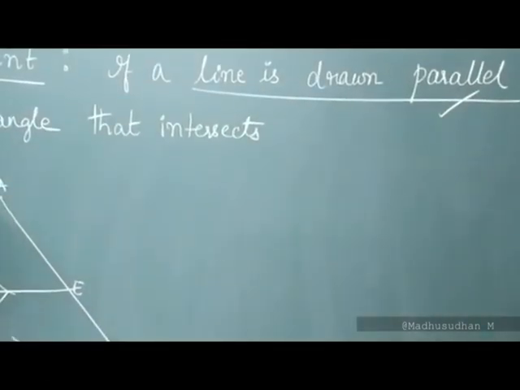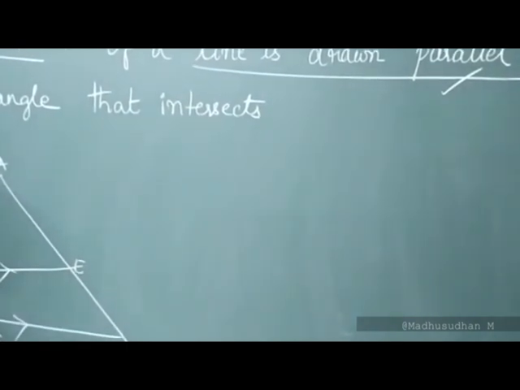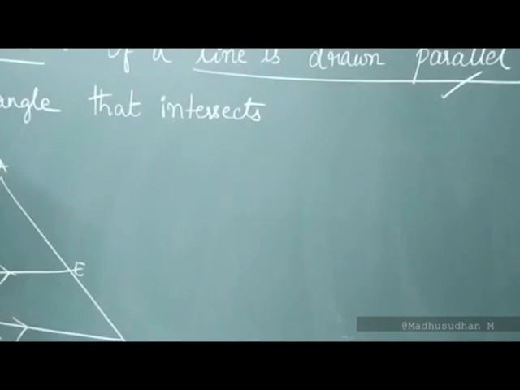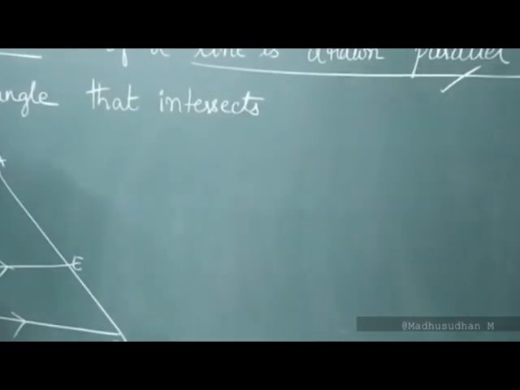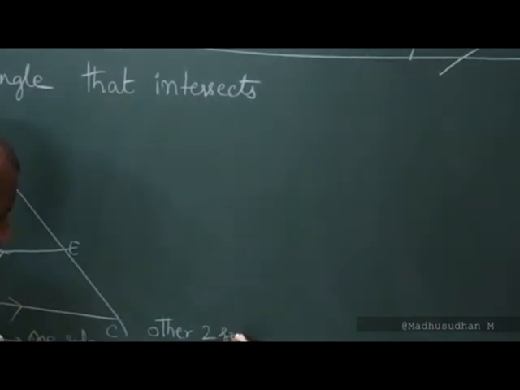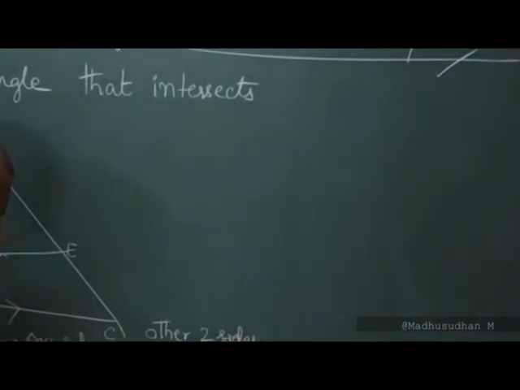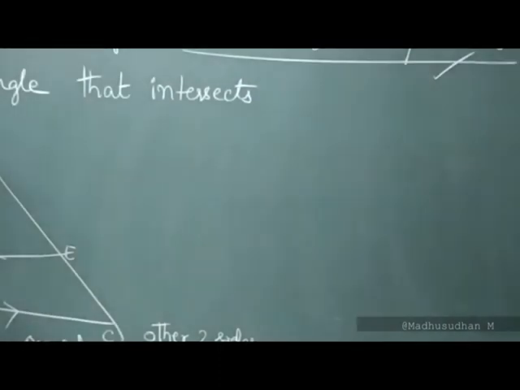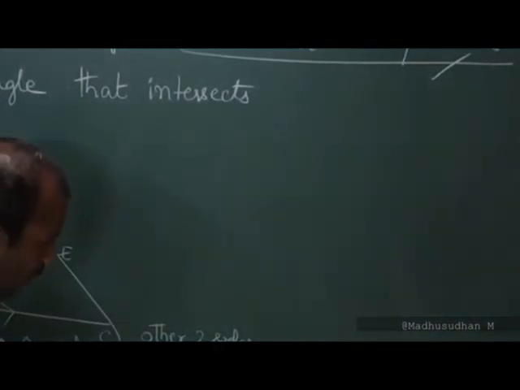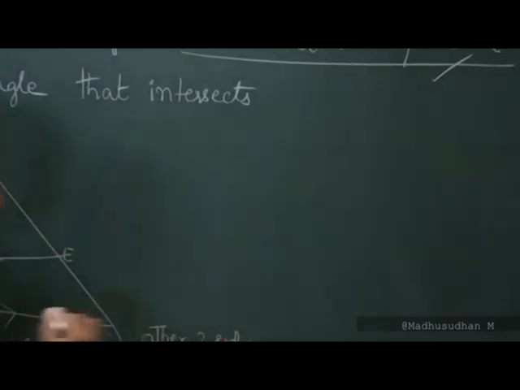So this is one side. One side is BC, right? Which are the other two sides now? The other two sides are AB and AC, right? So the other two sides are AB and AC.